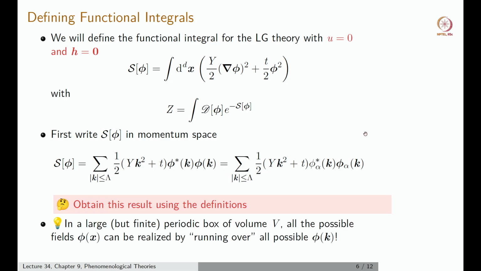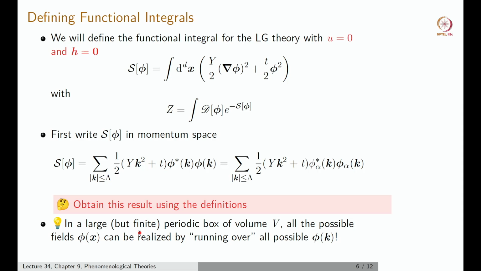The important thing is that this sum has, at finite volume, in a periodic box of volume V, a finite number of k points, large but finite. So how can I visit all possible functions phi of x? Remember, I want to integrate over the space of functions.